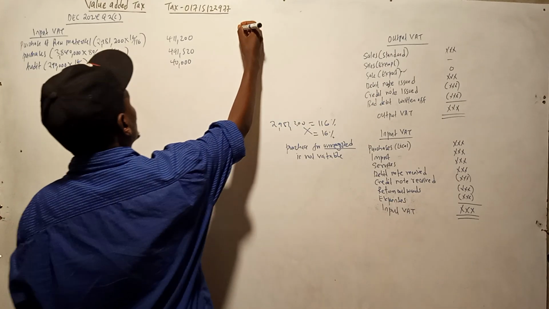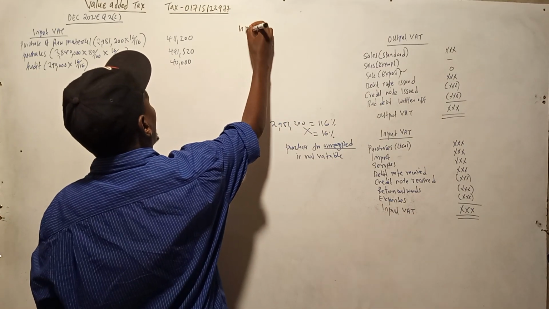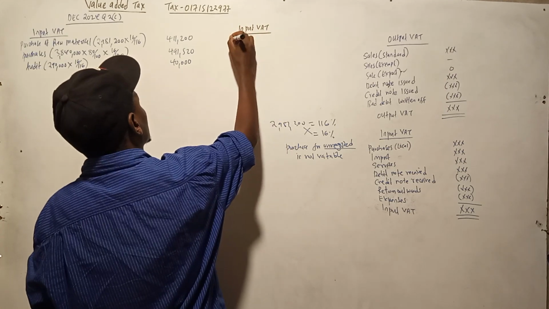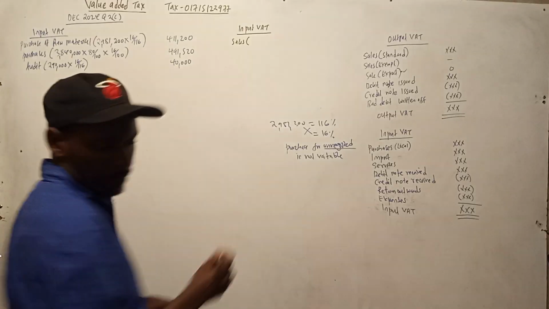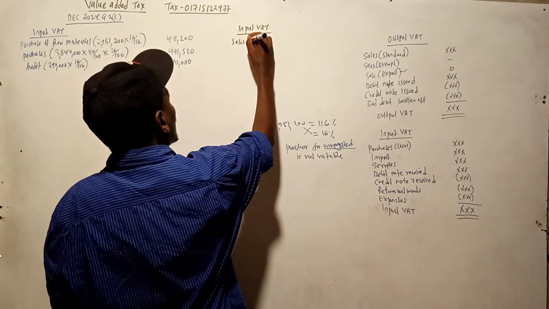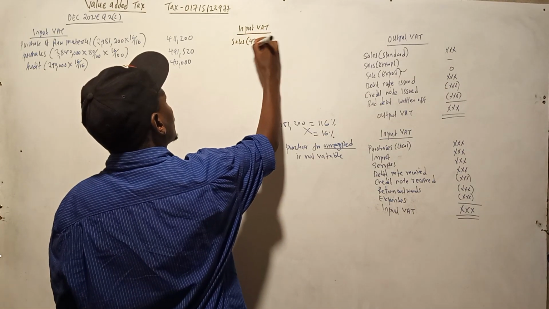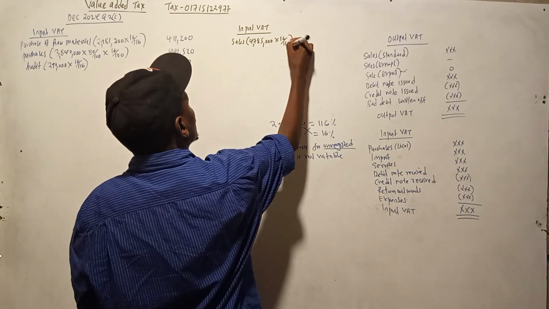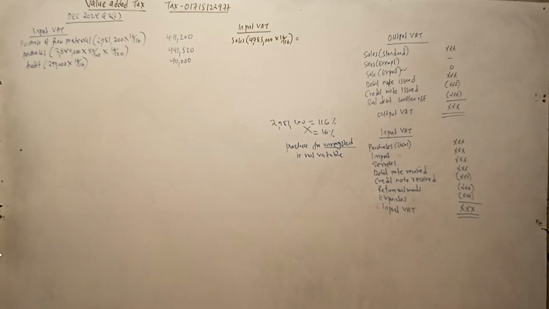Tungekuja tuweke pia input VAT hapa. Input VAT. Ndio tumalizane nayo. We have the first sales, information number, October 1st, 4,785,000 times 16 over 116. Itakuja ngapi?